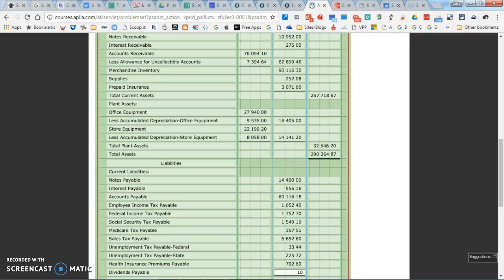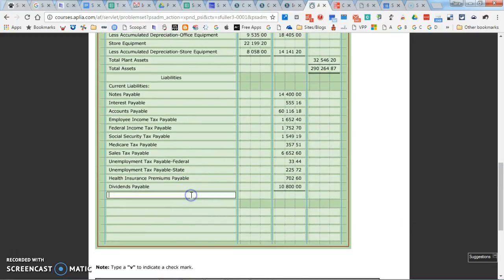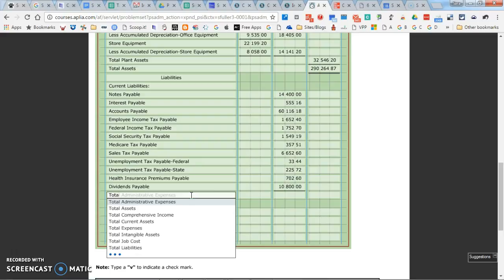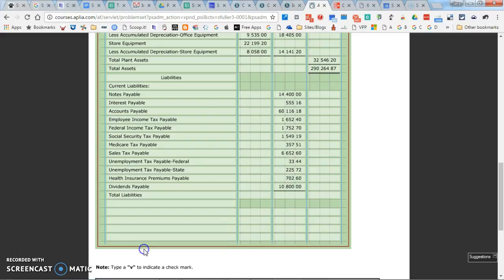Dividends payable, $10,800. And then our next line here is total liabilities. And so we'll add all those up. Third column, $98,797.50.